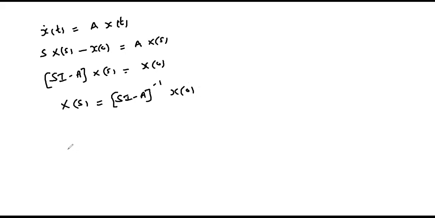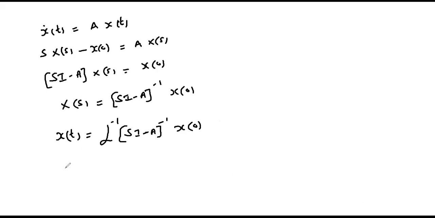If we get the inverse Laplace transform on both sides, then we get x of t equal to the inverse Laplace transform of (sI minus A) inverse multiplied by x of 0. And this is the solution when A is a matrix.